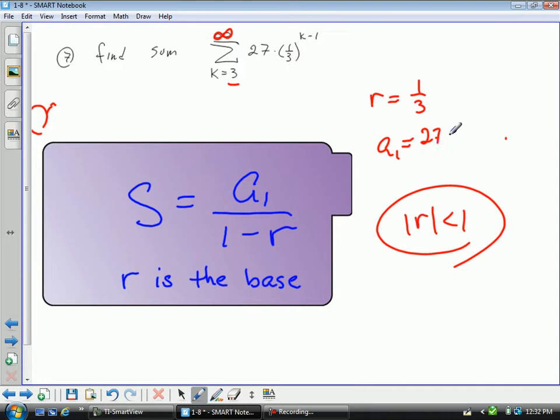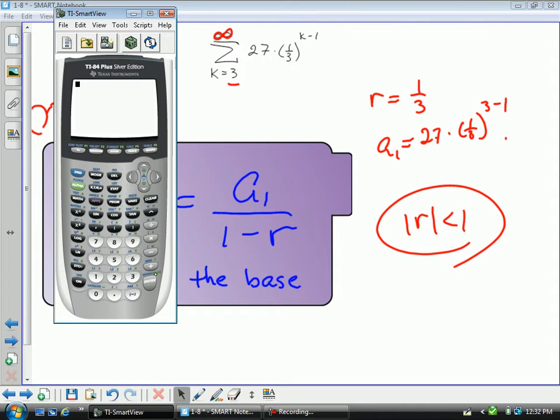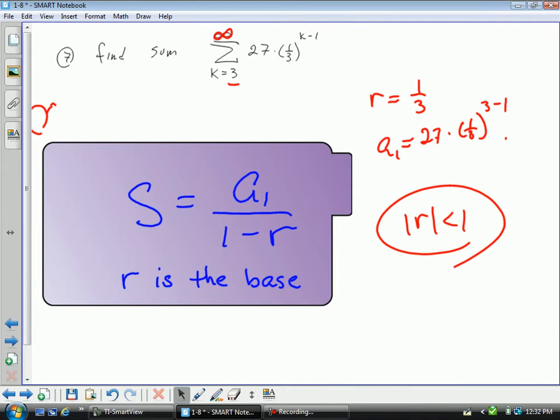So 27 times 1/3 to the 3 minus 1. Three is the first term. We can just plug this whole thing into this equation right there. So 3 divided by 1 minus 1/3.